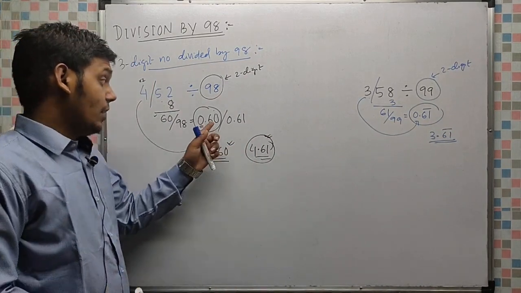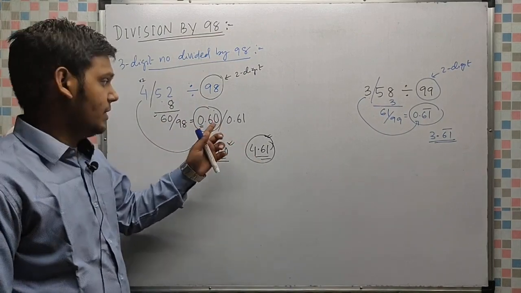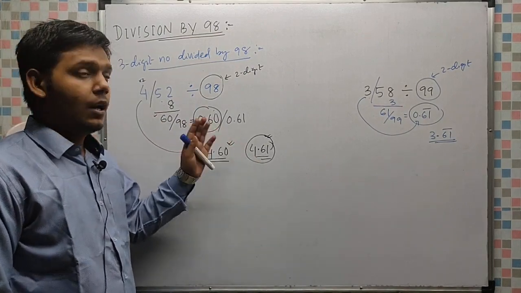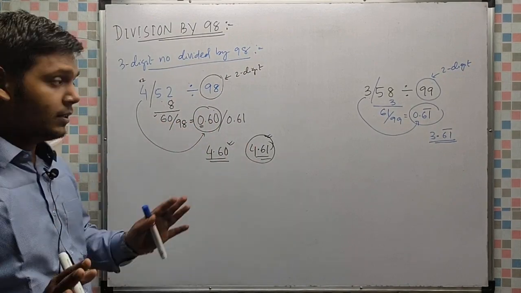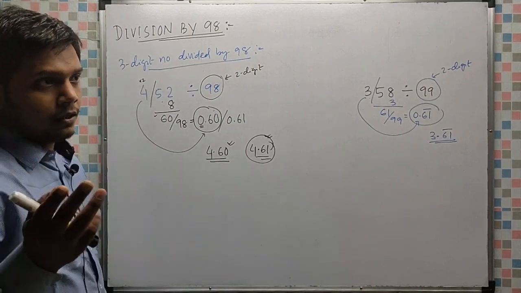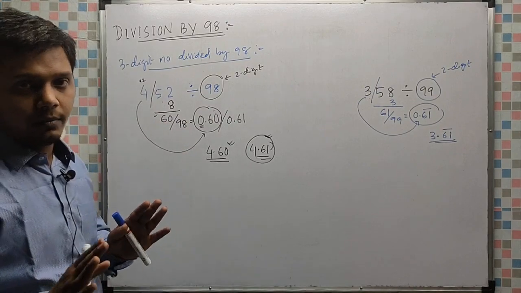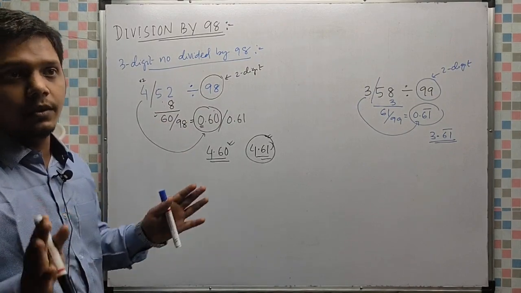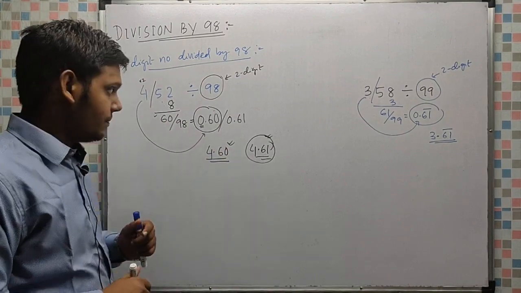But remember, if 60 is coming, don't write 0.65 or 0.67, 0.68, 0.71, 0.72. If 60 is coming, 61 it can be. So better you go for 4.60.